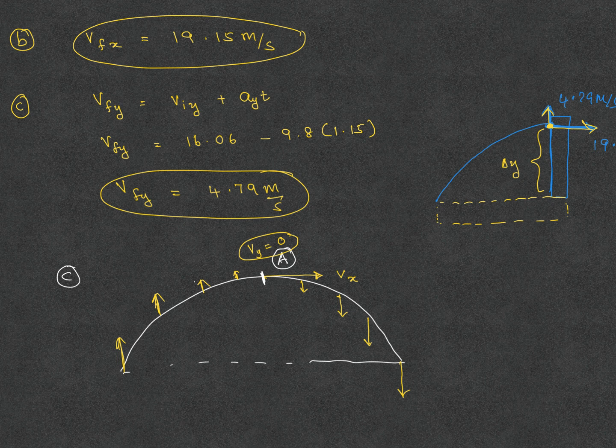At point A, velocity is 0, and thereafter the arrow points in the negative direction, showing that there's a negative velocity. So clearly the one that we found over here in part C, the y component velocity, is still positive. It is of course smaller than the original initial value, but it is still positive. So that tells us that we are somewhere like over here.